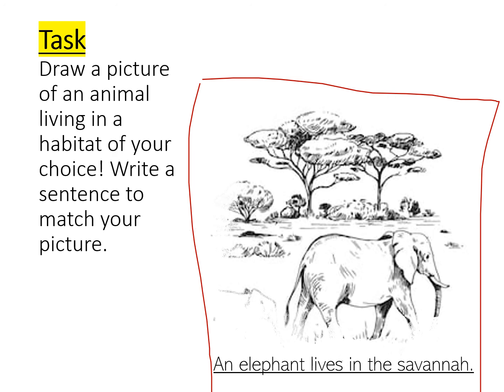And then when you're done drawing, I want you to write a sentence to match your picture. So my sentence down here says, an elephant lives in the savanna. And I drew my elephant.